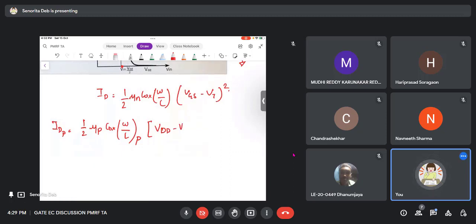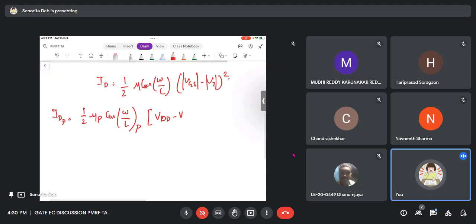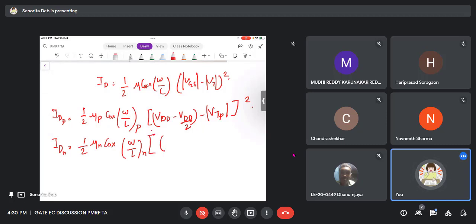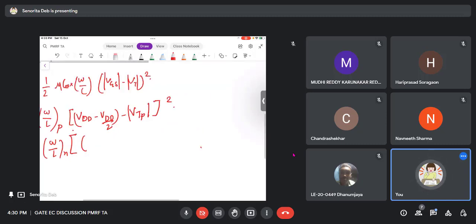Since I have written a common formula, let me write it in mod values. So for IDP, it will be (VDD minus VDD by 2 minus |VTP|) square. And for IDN, it is half mu n Cox (W by L)n. What is the value of VGS?